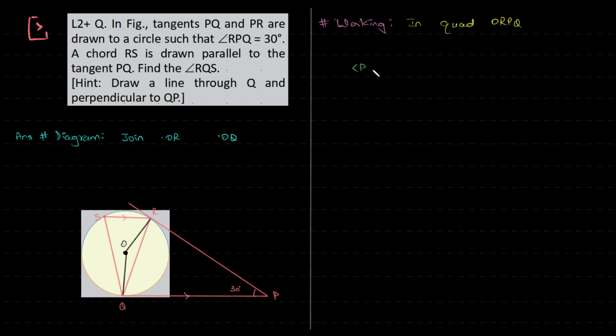Angle P plus angle OQP plus angle QOP plus angle ORP, all of this is equal to 360 degrees, by the angle sum property of a quadrilateral.